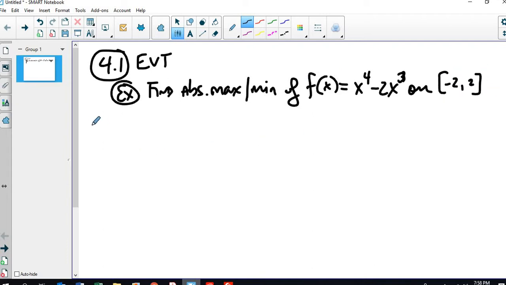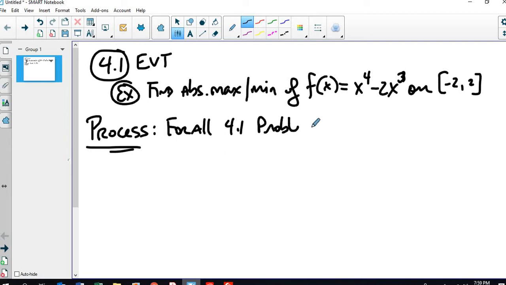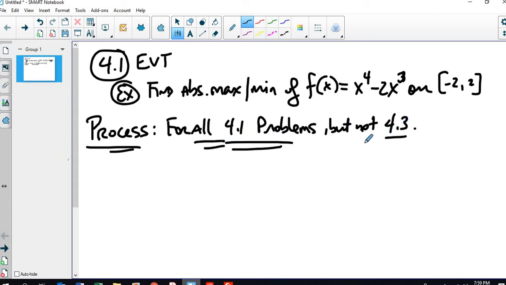All right, so here's our example, but this is going to be the process, and this is the process that we use for all 4.1 problems, but not in 4.3. So we use it for all of the extreme value problems, but we do not use it for our relative extrema.